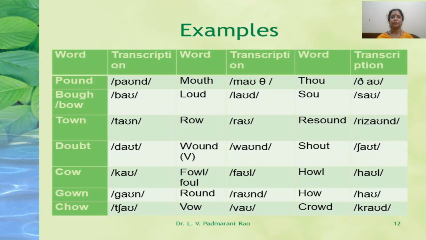CHOW, chow. Chinese product. MOUTH, mouth. LOUD, loud. ROW, row. WOUND, in the form of a verb, is the past tense of wind. WIND as a verb is pronounced "wind", and the past tense of it is WOUND, wound.